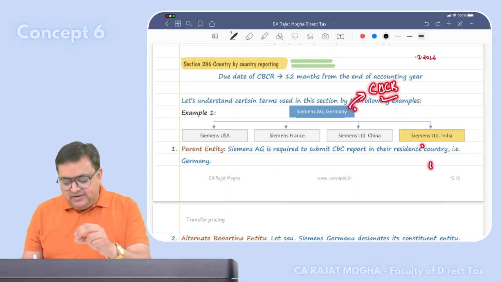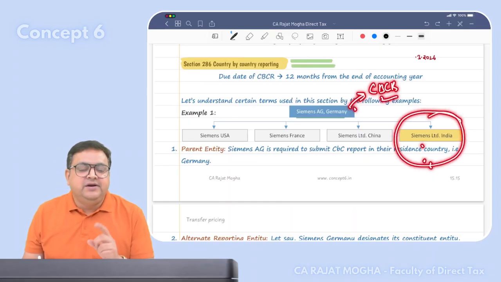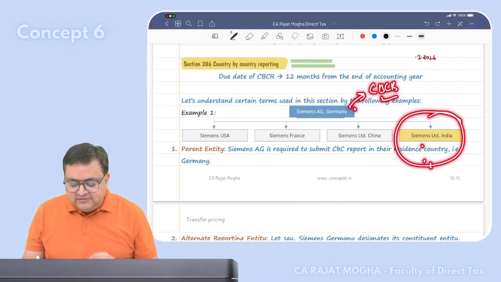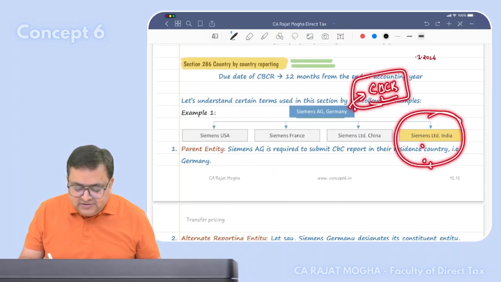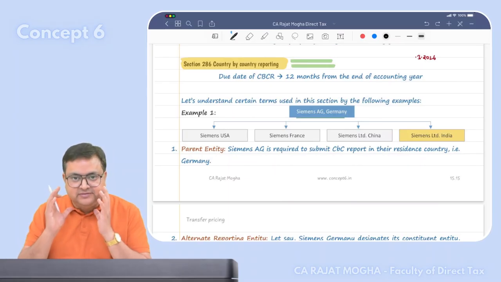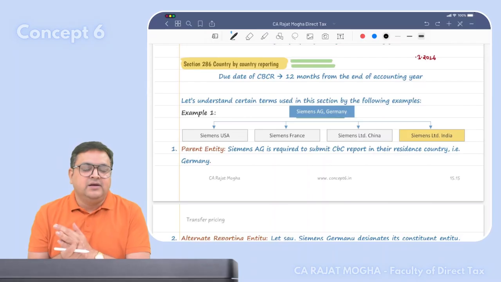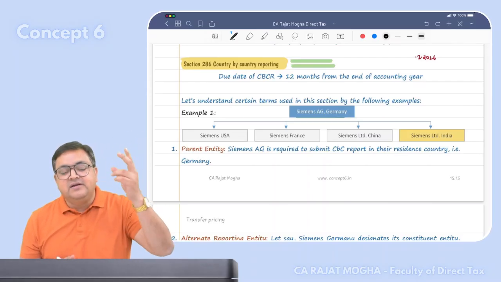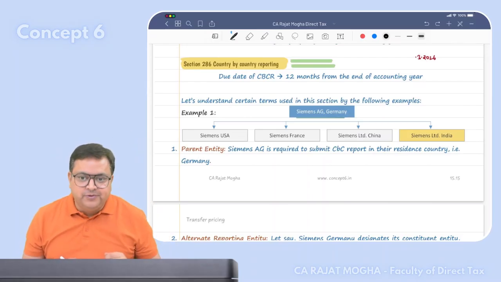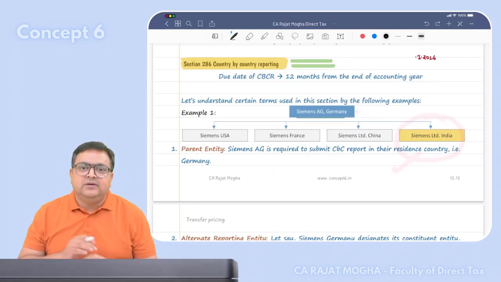But the obligation of the Indian entity will arise if there is no CBCR provision in the parent entity's country, the person who is actually supposed to report CBCR. That means that country is not part of the OECD member group. So in that case, you are required to file the CBCR.